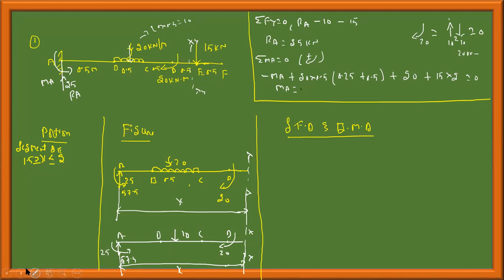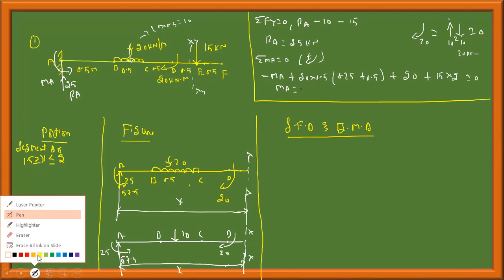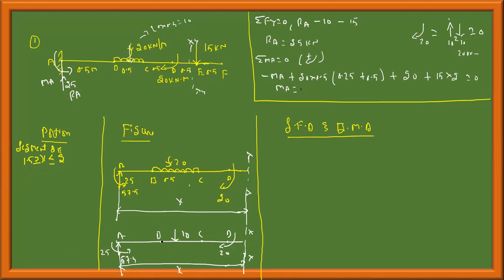If this is x, this entire thing is 0.5, this is also 0.5. Then this distance will be 0.25 from the centroid. This distance remains the same, x minus 0.75, the perpendicular distance from the 10 kilonewton load, right?